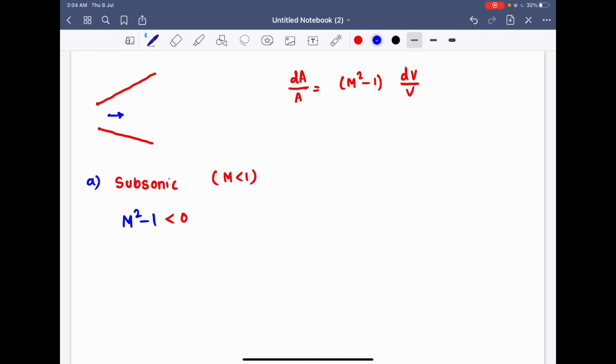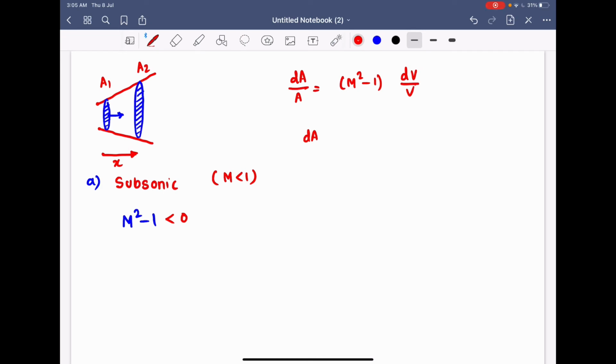This is our initial area and this is our final area. So the initial area is A1 and the final area is A2, right? We are moving forward in the x direction and we are looking at the change in area.